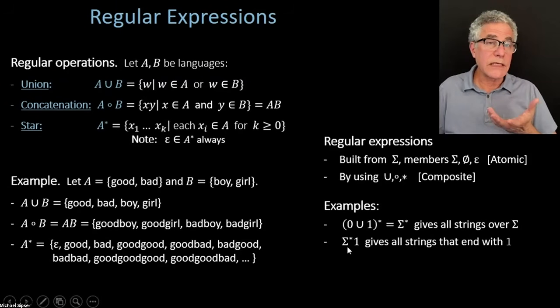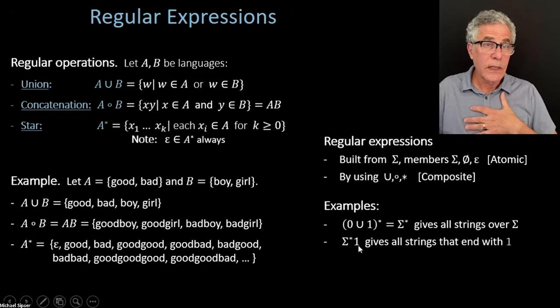Now, if you take sigma star 1, you concatenate 1 onto all of the elements of sigma star, and that gives you all strings that end with a 1. Technically, you might imagine writing this with braces around the 1, but generally we don't do that.